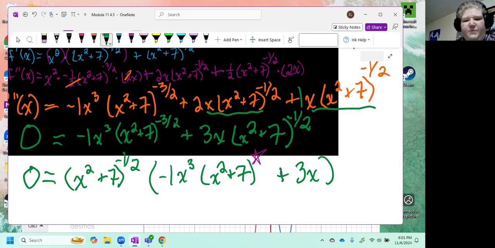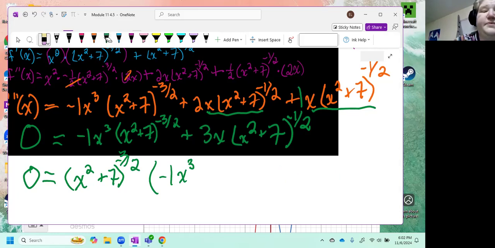When I multiply this back, the powers would add, so it would be negative 1/2 plus negative 1. That still gives me a fraction that I just don't want to deal with. So magic of computer, I'm actually going to change this to factoring out the ugly to the negative 3/2.